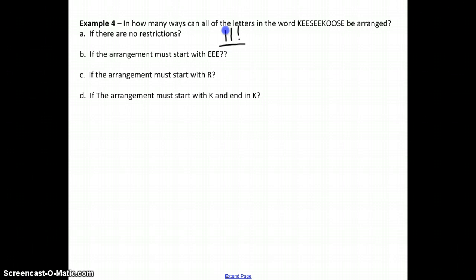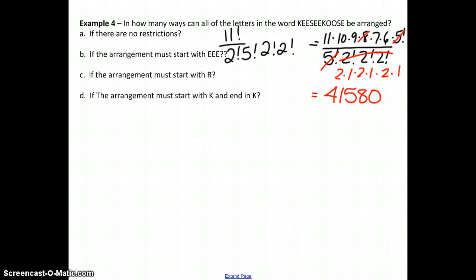So it's 11 factorial over how many O's are there? And how many E's are there? And K's? And S's. So 11 factorial divided by 2 factorial, 5 factorial, 2 factorial, and 2 factorial. So your answer should be 41,580.